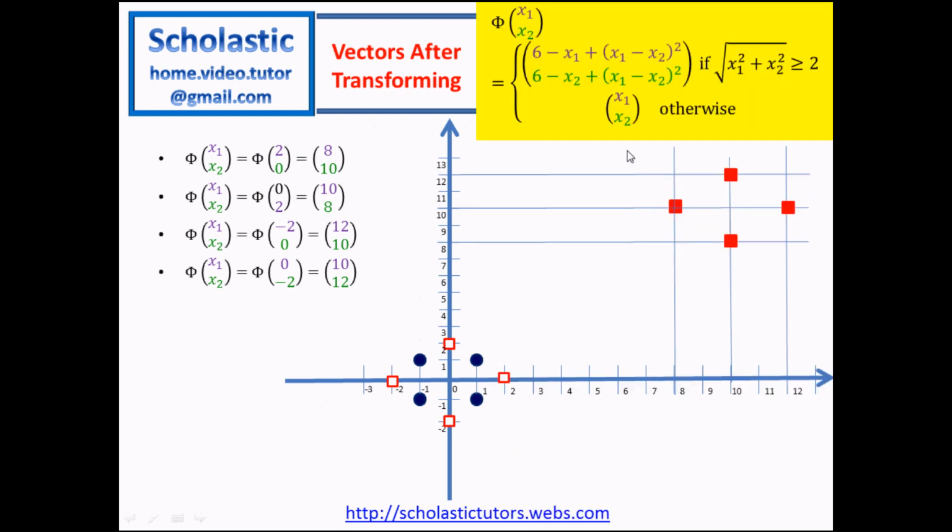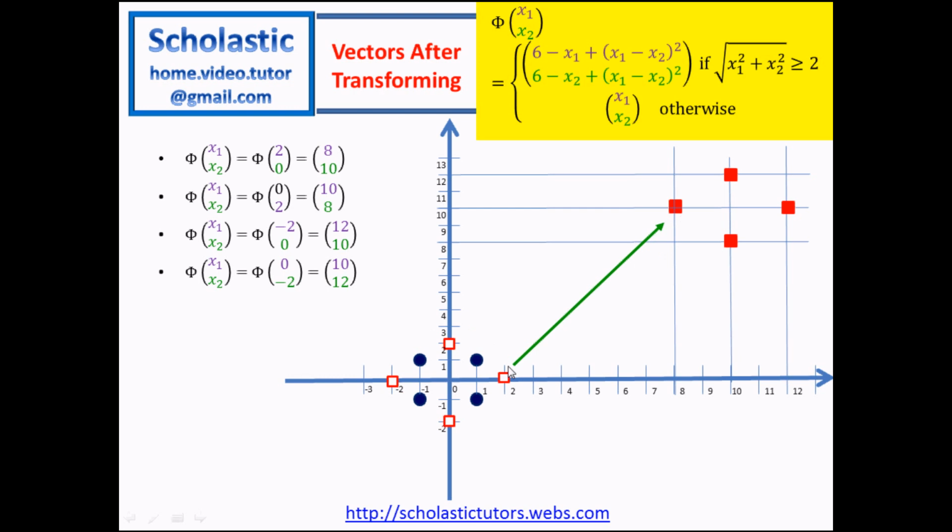Basically, we applied this transfer function, or the mapping function, to the points (2, 0), (0, 2), (-2, 0), (0, -2), and we got new vectors. So where are they? What we had was (0, 2); it is transformed into a place outside the region.